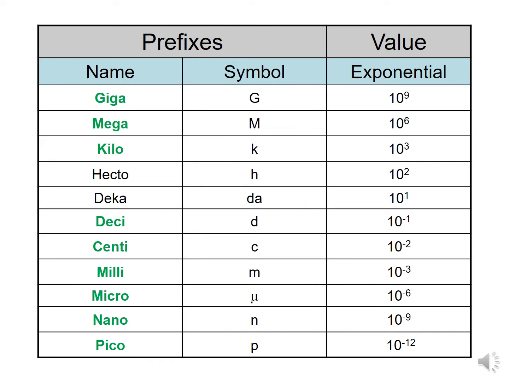And actually, I have a document uploaded on LEA, which gives you many more prefixes and symbols, but basically we shall have to know only the ones you see on this slide, and we can actually omit or not know the symbols hecto and deca.